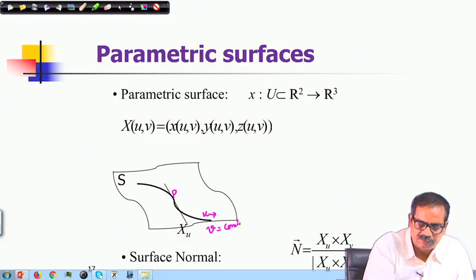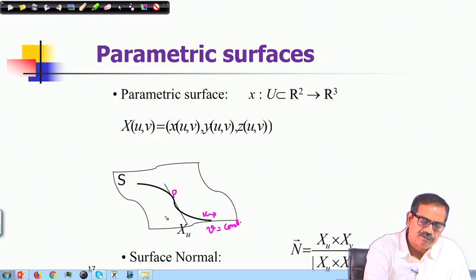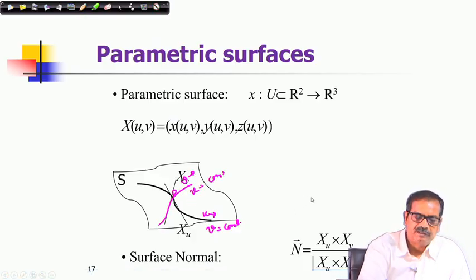This is how a curve could be defined when one parameter is varying, other is constant. Then it gets a single parametric description of points, and then it becomes a curve on the surface. And you consider another curve passing through that same point, where it varies over v and u is constant. So, for that you get another tangent direction.